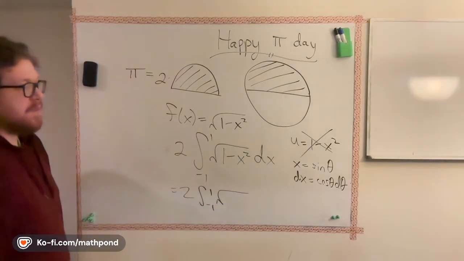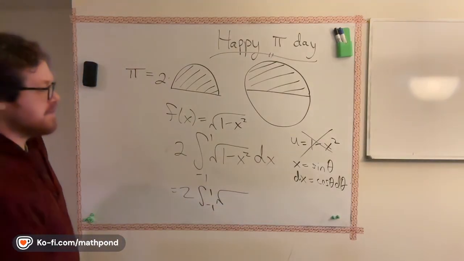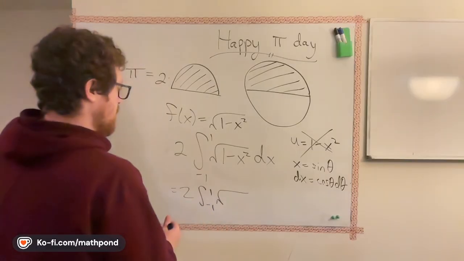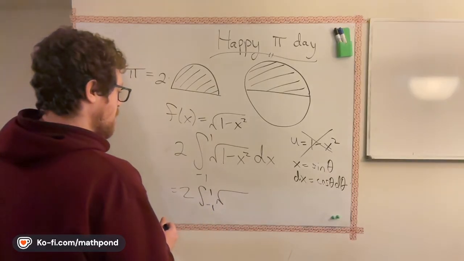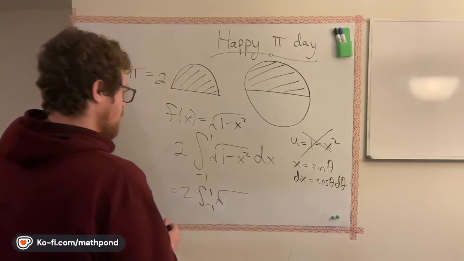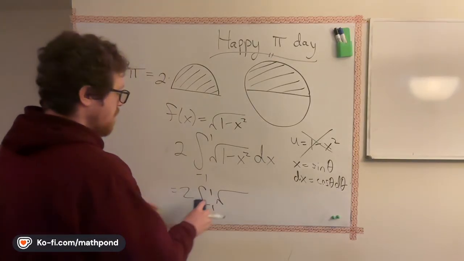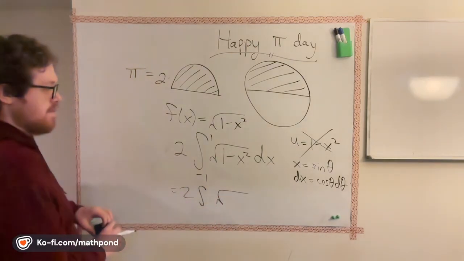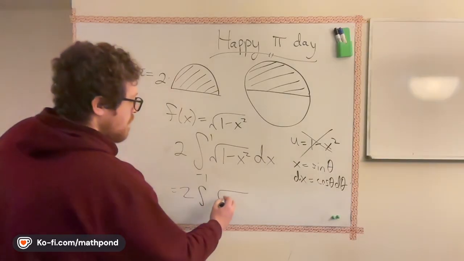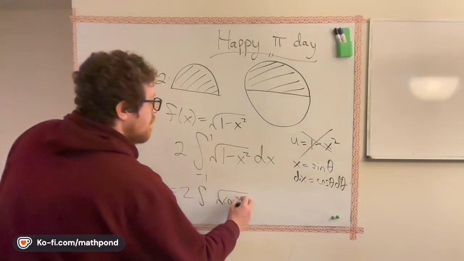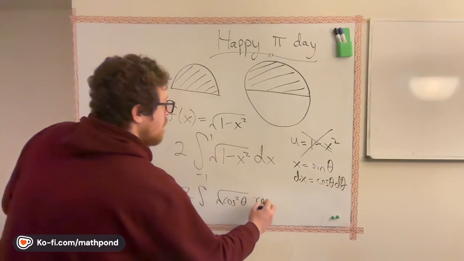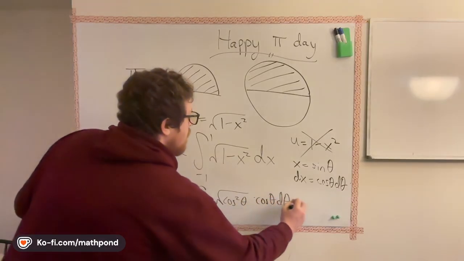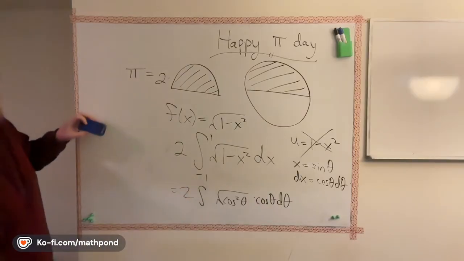So square root of 1 minus sine squared should be cosine squared, right? Oh, yeah, we need to change these bounds. And what are the bounds?